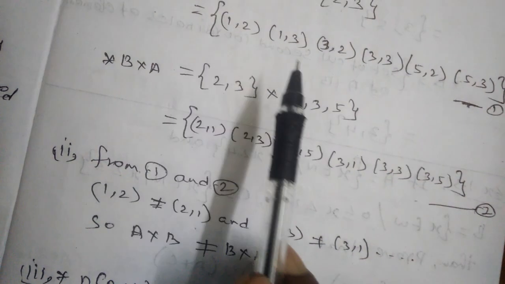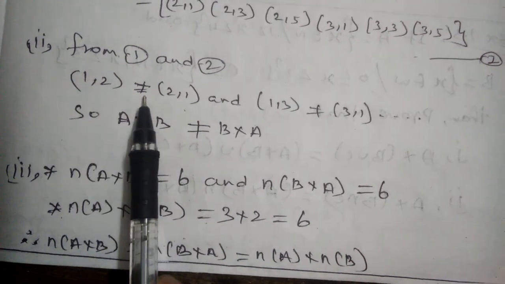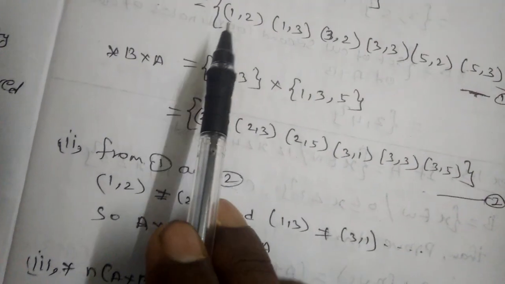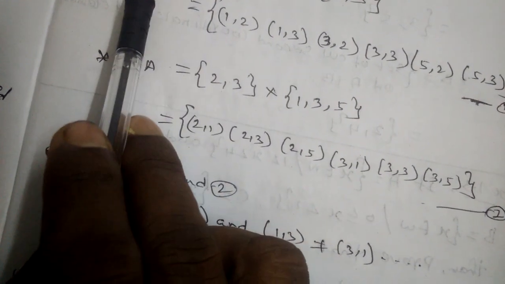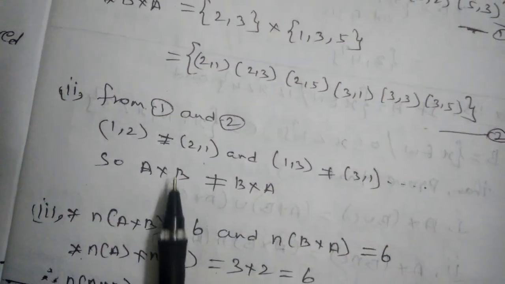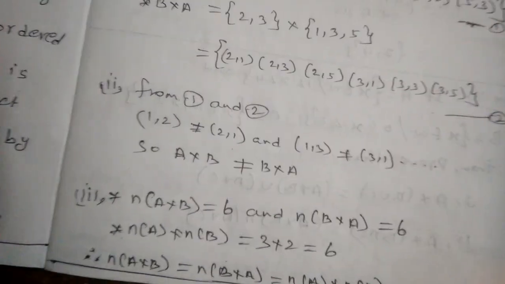So A cross B is not equal to B cross A. So (1, 2) is not equal to (2, 1). Why? (1, 2) lies in A cross B, or (2, 1) lies in B cross A. So it's not equal, so A cross B is not equal to B cross A, right?